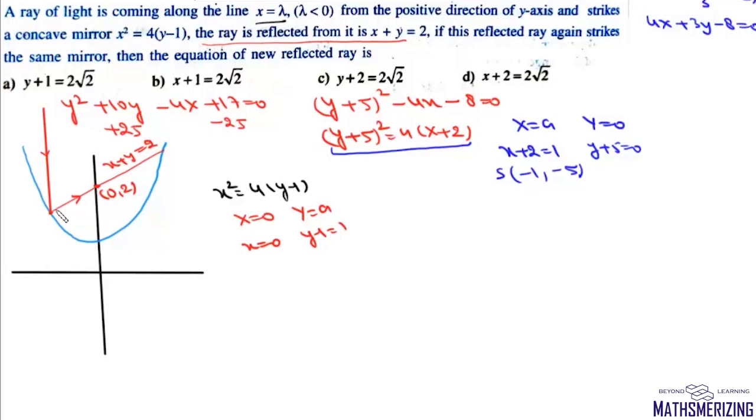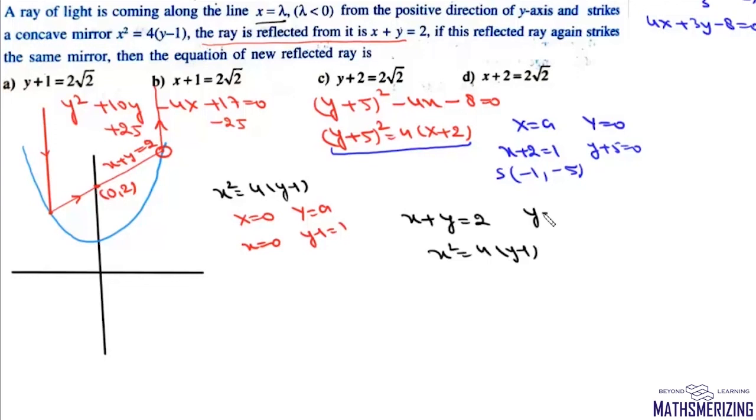Now any ray which passes through focus will again be parallel to axis of this parabola. So what we need to do is find this point of intersection. So we'll find point of intersection of this line, x plus y equals 2, with parabola, that is x square equals 4 times y minus 1.